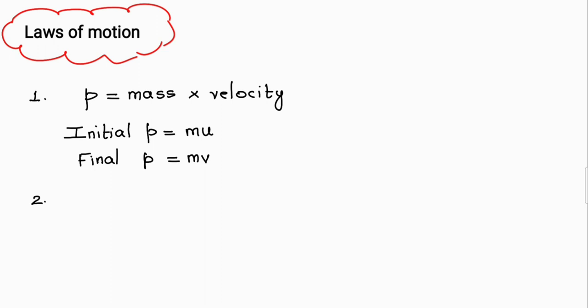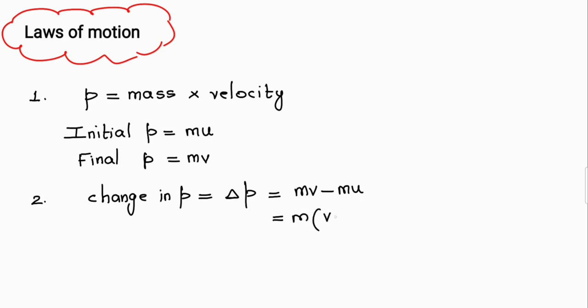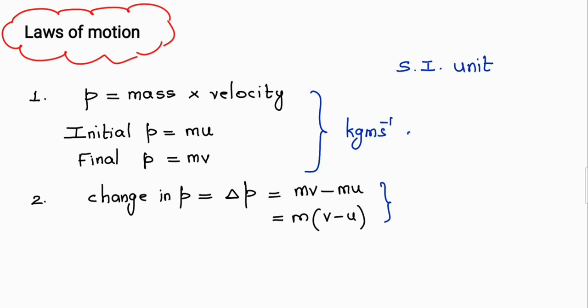You can also take m common, so it will be m into (v minus u). The SI unit for momentum is kilogram meter per second, or sometimes you can see Newton second also. Similarly, for change in momentum also, the unit is kilogram meter per second or Newton second.